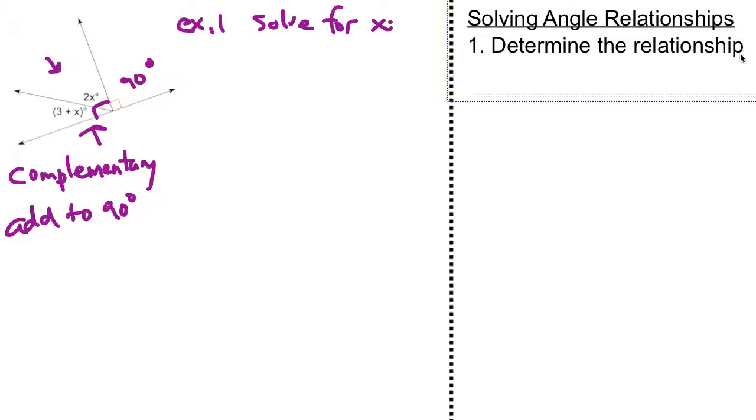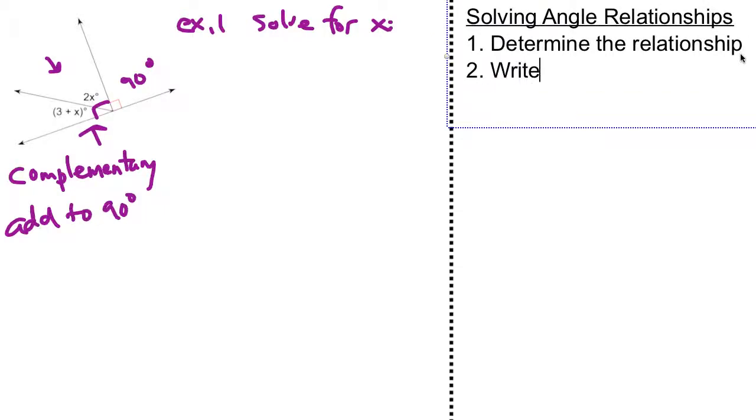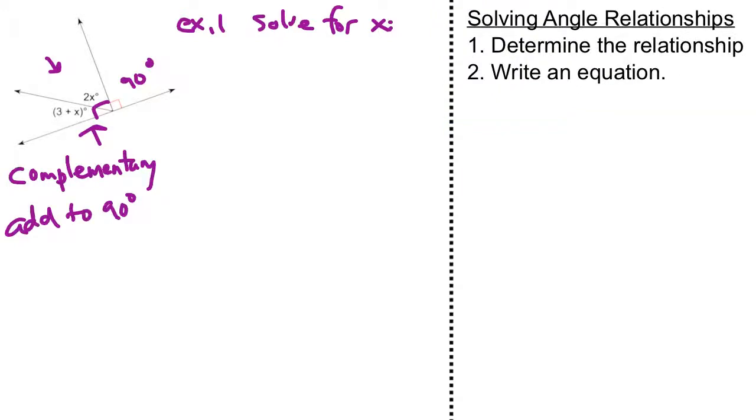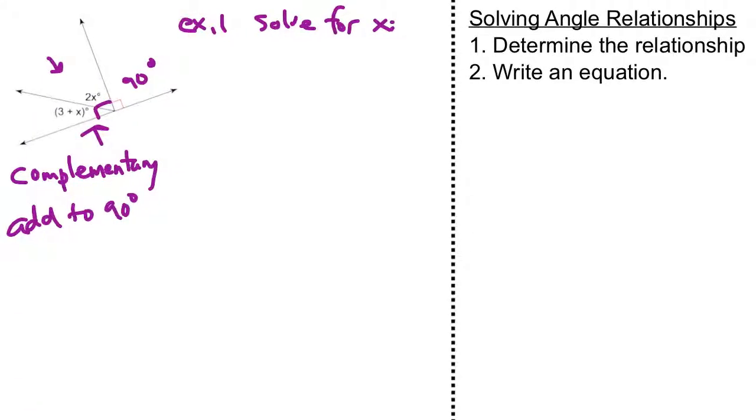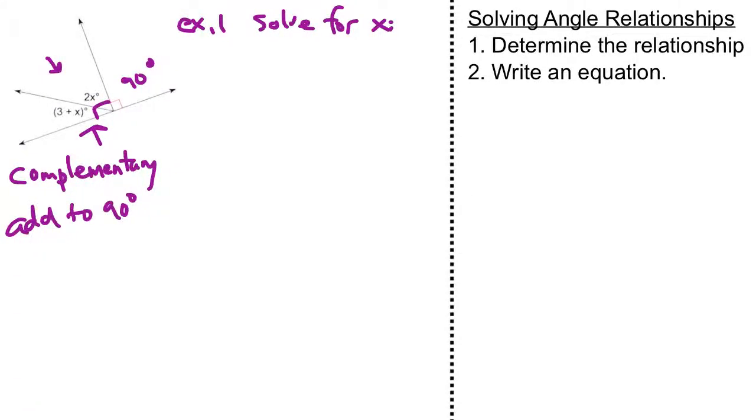The second thing we want to do is write an equation using this angle relationship. The equation is something like this: 3 plus x, or this angle here, plus, now I'm going to highlight this one in green, 2x. Those together equal what?